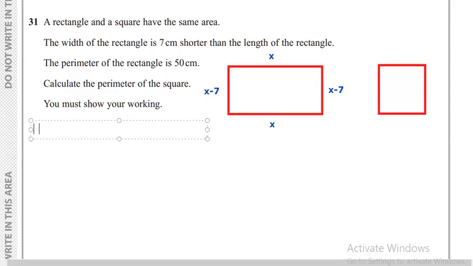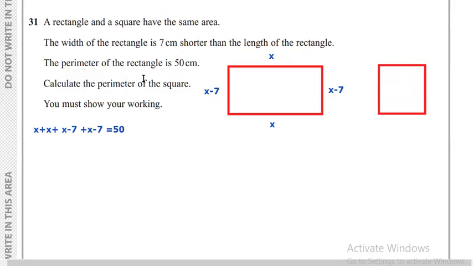So we have x, this is x, and this is x. Let's add them step by step. So x plus x, and then plus x minus 7, and then plus x minus 7. So I wrote them added next to each other like this. And the final answer is 50 centimeters, like this.